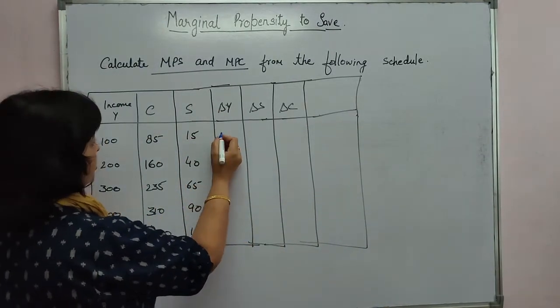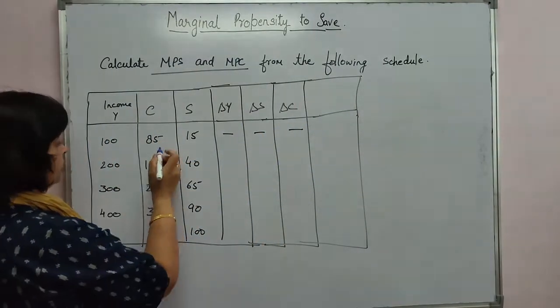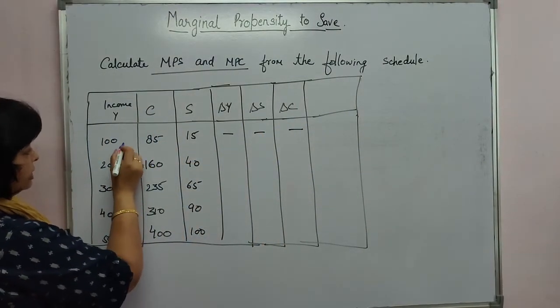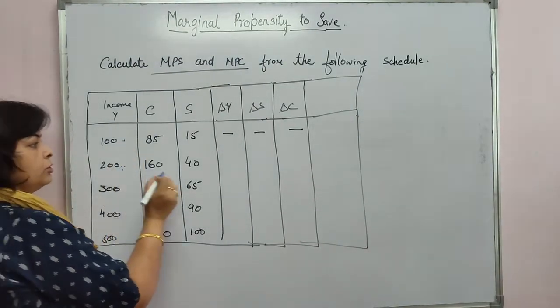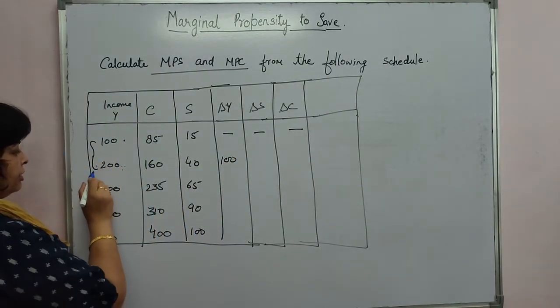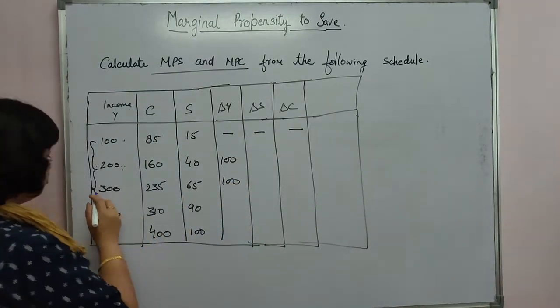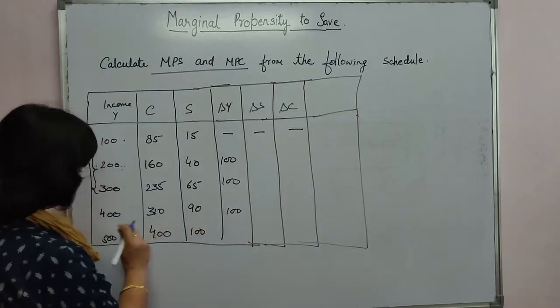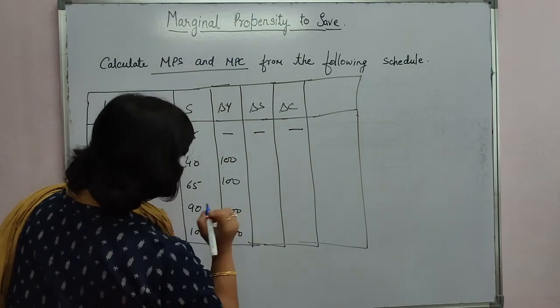Now delta Y: the first row we will leave blank. In the second row, 200 minus 100, that is Y1 minus Y0, is equal to 100. So change in Y is equal to 100. Here also 300 minus 200, change in Y is equal to 100. 400 minus 300 is also 100, and 500 minus 400 is equal to 100.